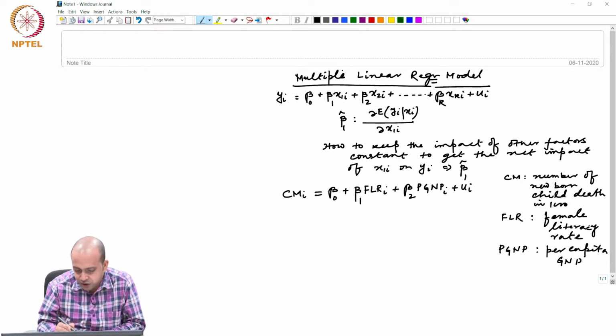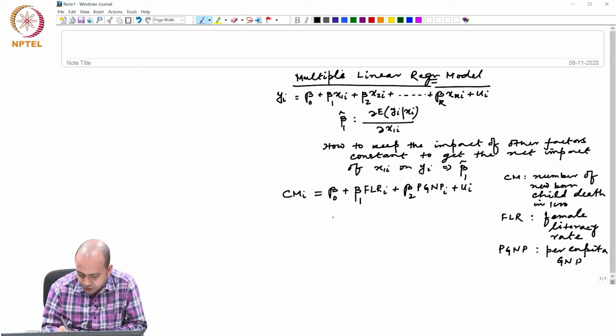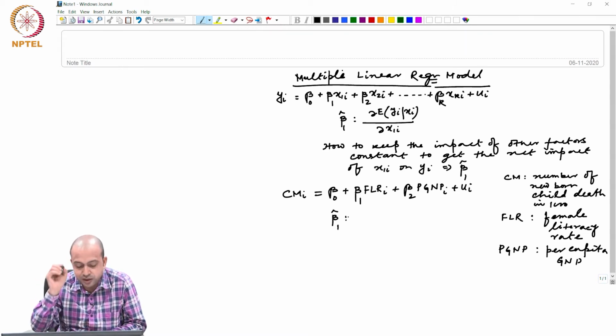Now, here our objective is to get beta 1 hat, and what is the beta 1 hat? What is the interpretation?